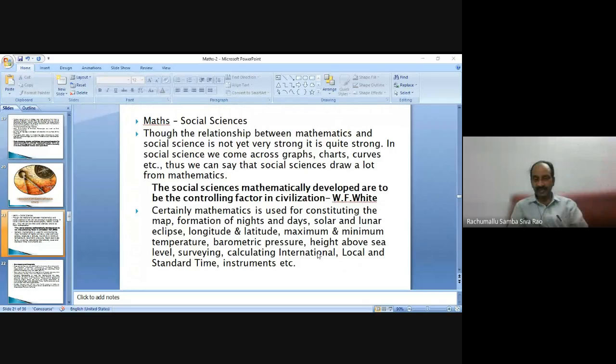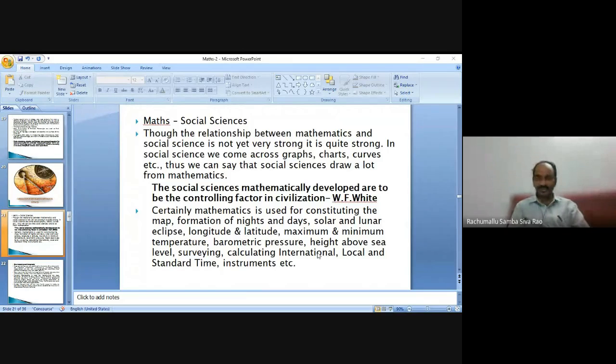Maximum and minimum temperature: we measure the temperature of a day in degrees Celsius or Fahrenheit. Now it is a hot summer, so the minimum temperature is around 30 and the maximum is around 40 degrees Celsius. That is also an application of mathematics.